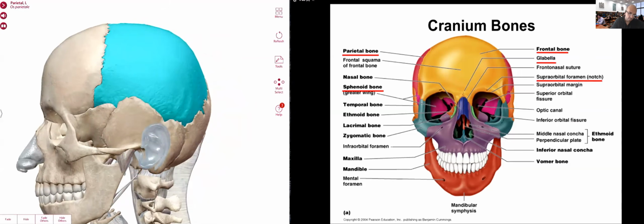Down here, just above your ears, connected superiorly to the parietal bone and posteriorly to the occipital bone, we've got the temporal bone. So what does temporary mean? If I told you this is something temporary, what does this mean?